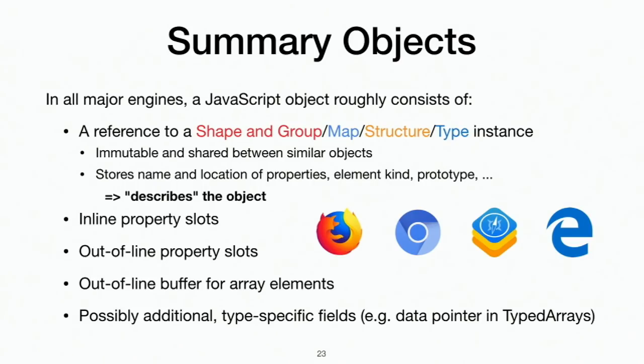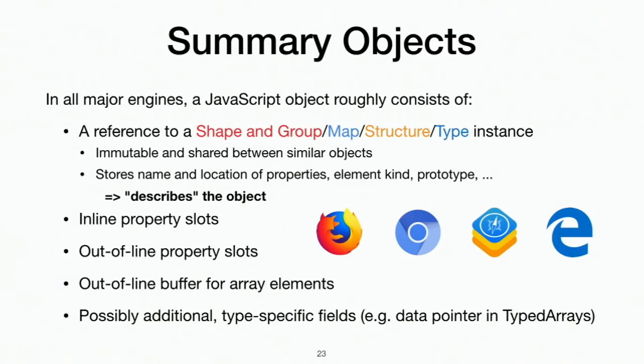Then you have these property slots, and usually you have a few property slots stored inline, so a fixed number of inline property slots. And then you have a pointer to an out-of-line property slots array that's dynamically sized, where all properties are stored that don't fit in the inline slots. The other thing you usually have is a buffer for element storage.